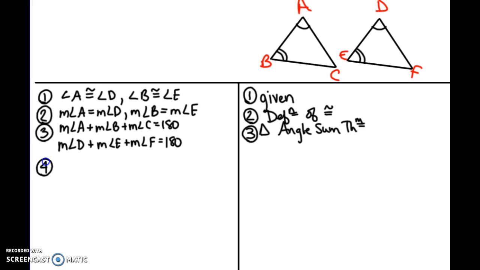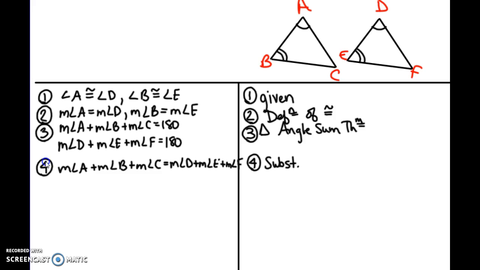I am going to take my first line that is equal to 180, and I'm going to set it equal to my second line. And we know this because of substitution. We are substituting out the 180s.